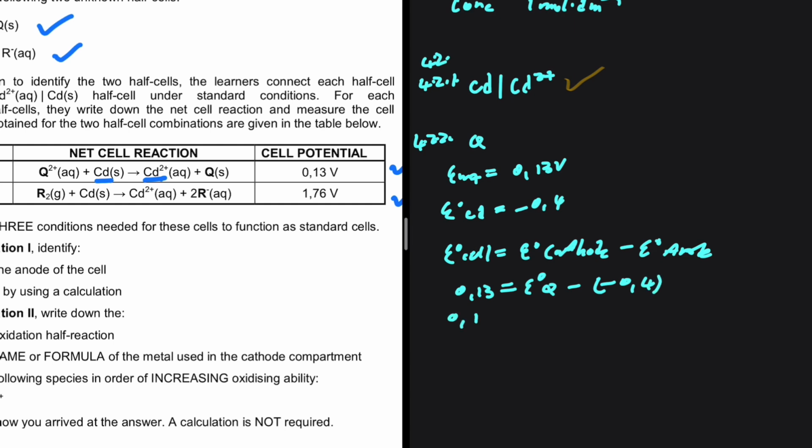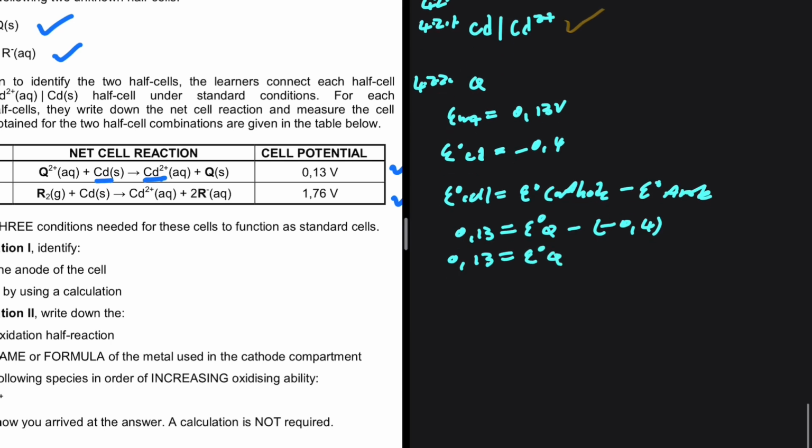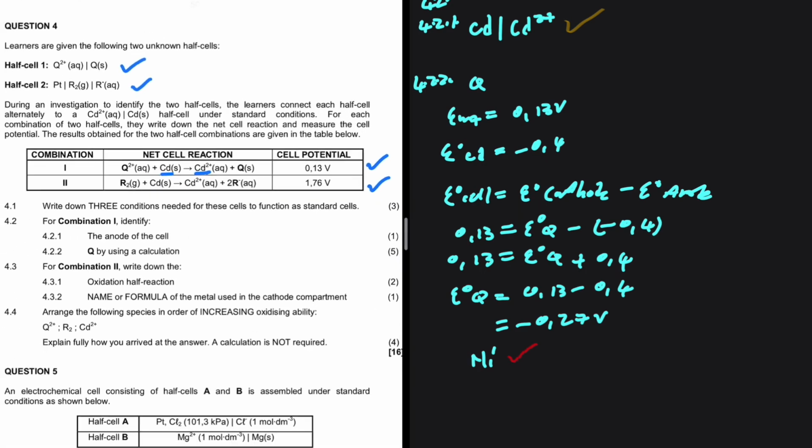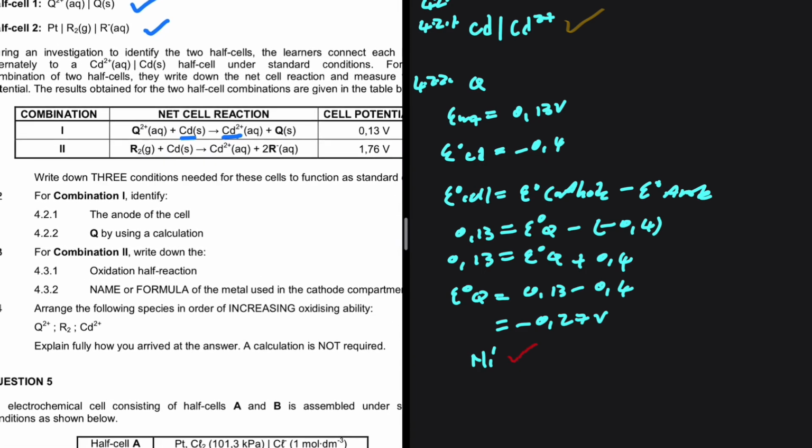So 0.13 equals the reduction potential of Q plus 0.4. It should be easy to see that the reduction potential of Q will be 0.13 minus 0.4, which is just minus 0.27 volts. So Q is nickel if you go to your table of standard reduction potentials. Right, that is 4.2.2. That is how we solve those kinds of questions.